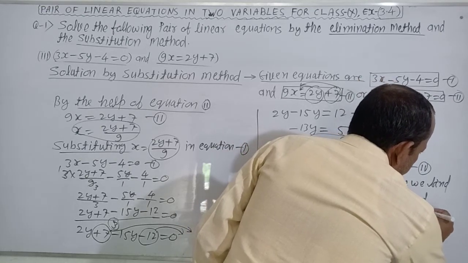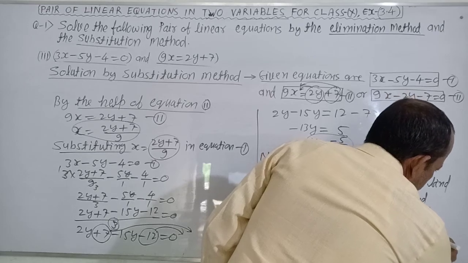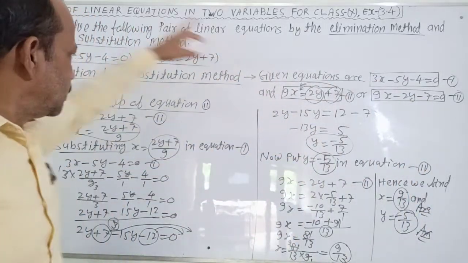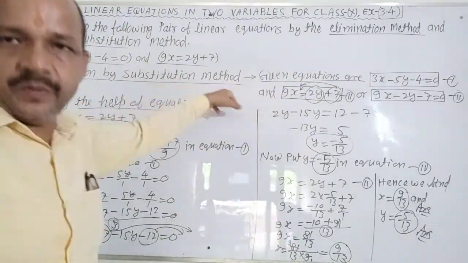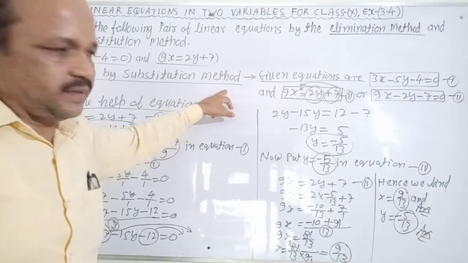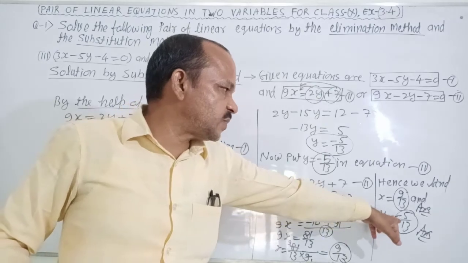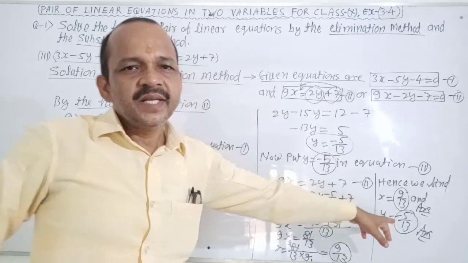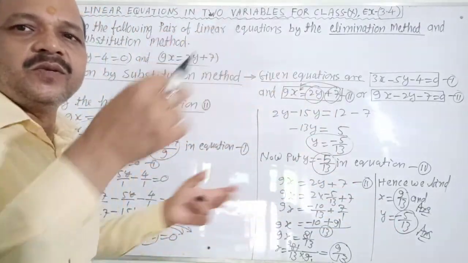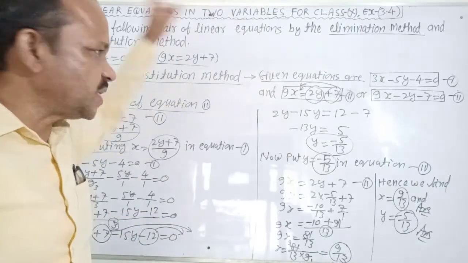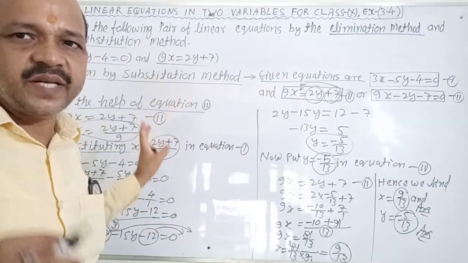Answer. You solve your question by substitution method and find x equal to 9 by 13, y equal to minus 5 by 13. In this way you can solve any question very easily. The solution is clear, no confusion about it.